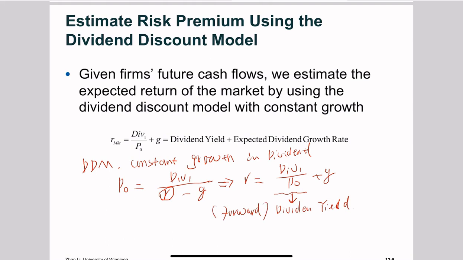Because you're using next period dividend, right? And g is just the growth rate. So this gives us the idea on how to estimate the expected return of the market, right? So basically, if you could estimate the forward dividend yield of the market and the dividend growth rate of the market, then you could find out the expected return, right?